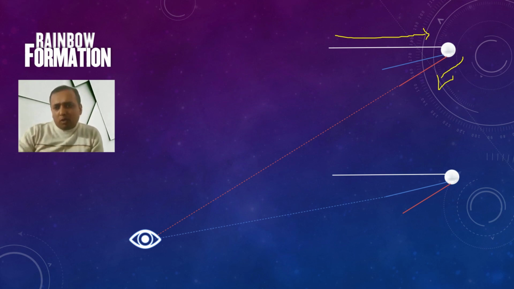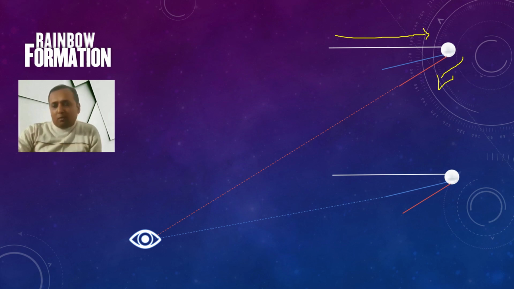So now you're getting to the point where you know why red light is on top and blue light is below. This is also a very good question that comes in. Why does red light appear on top and why does blue light appear below? So this is the reason why this is happening.